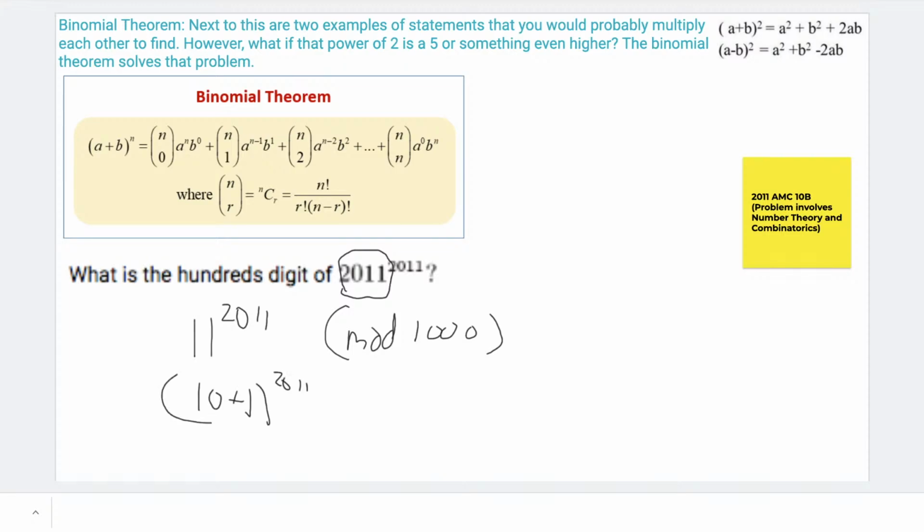in mod 1000. Now we're obviously not going to compute each term using the binomial theorem, but you'll see what we're going to do.